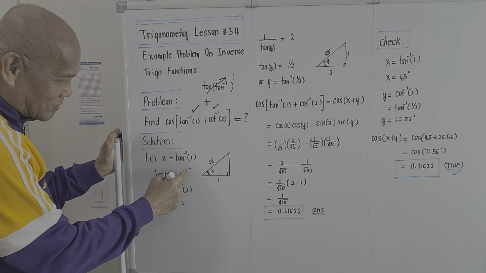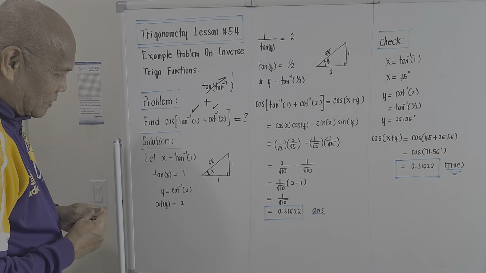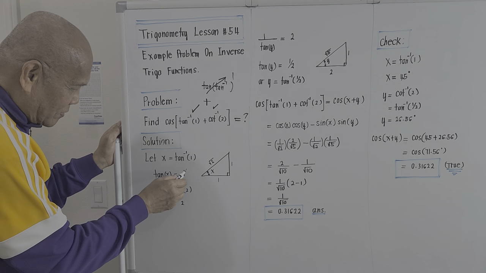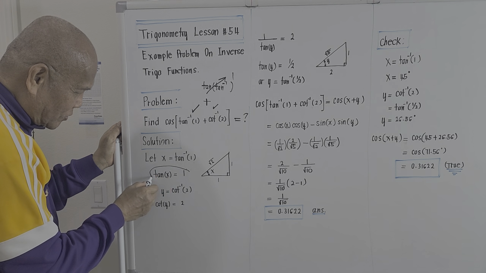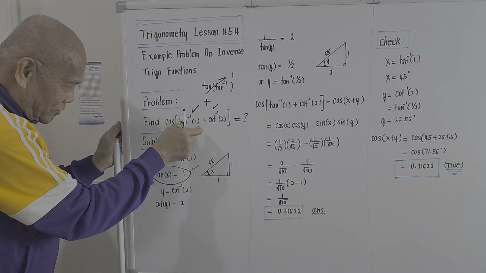So the right hand side will be just simply 1. This is the first relation that we brought out from the given equation.